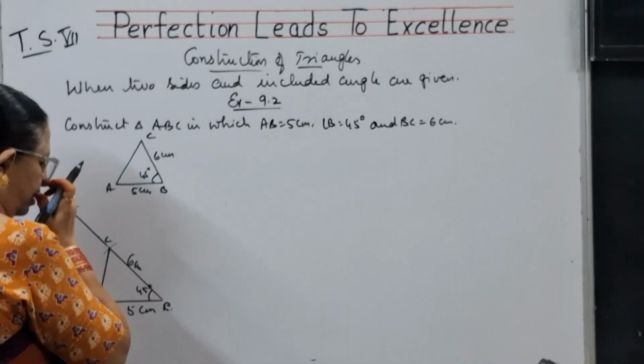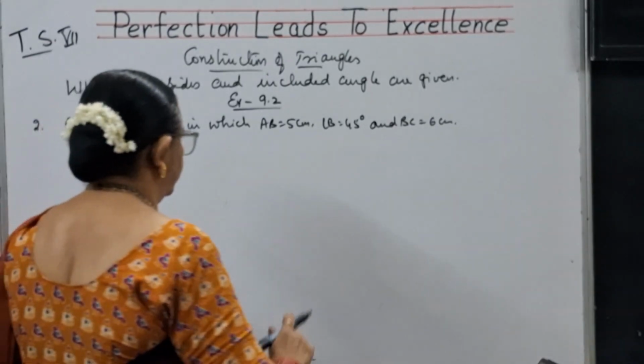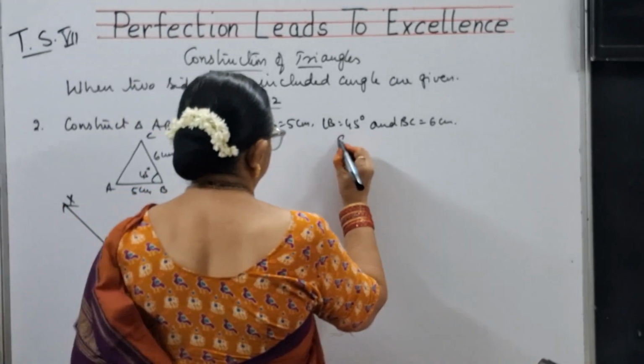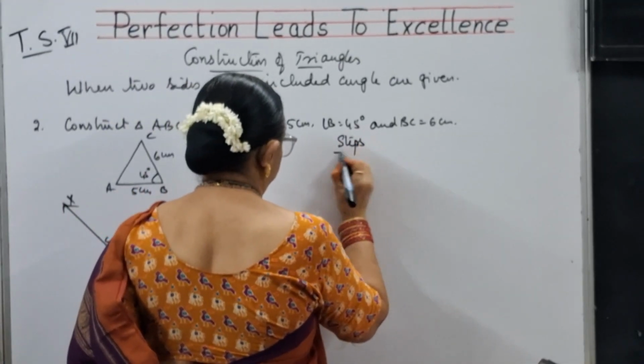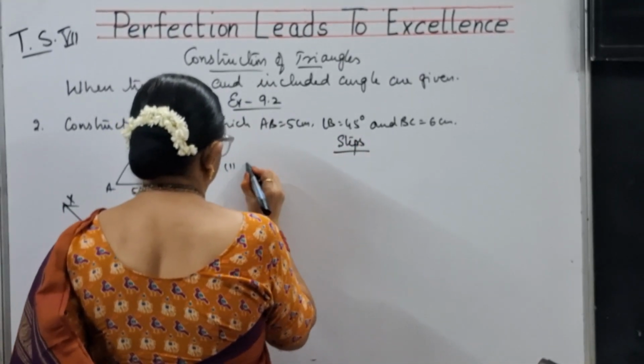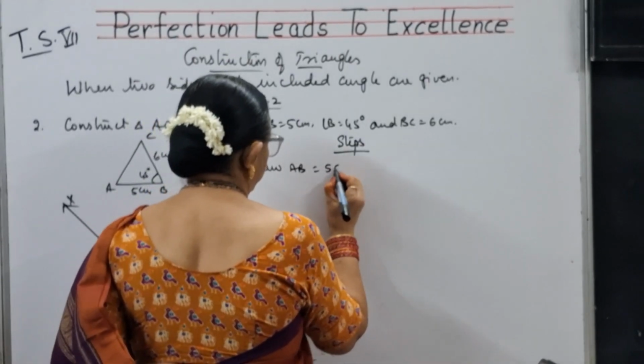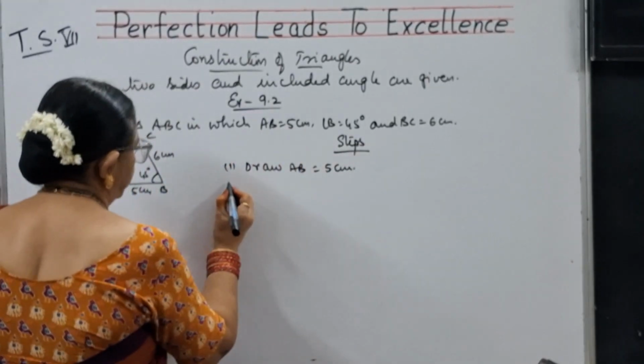Okay, this is the construction, children. So let us see the steps. This is B X-ray. Steps. First, draw AB is equal to 5 centimeters.